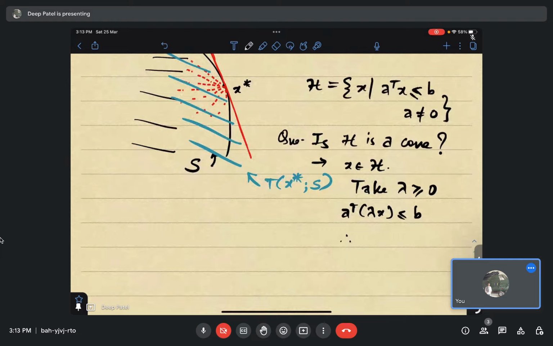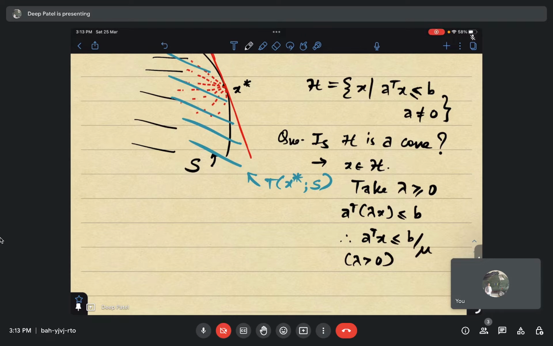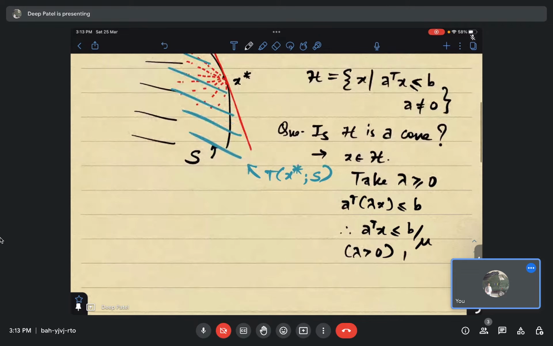Then what can we do? Pull lambda out, assuming lambda is positive. Is it always necessary that it will be less than b? No, not necessary. So it depends.